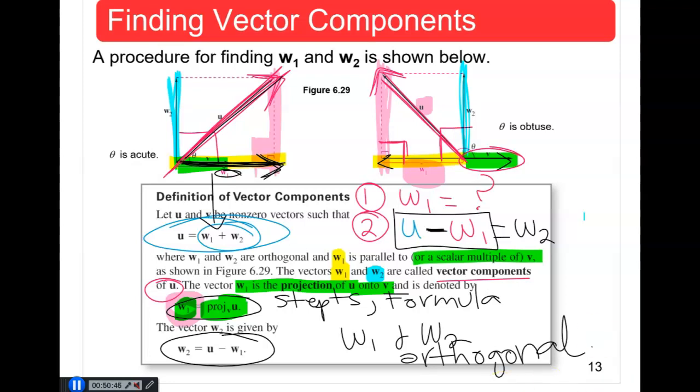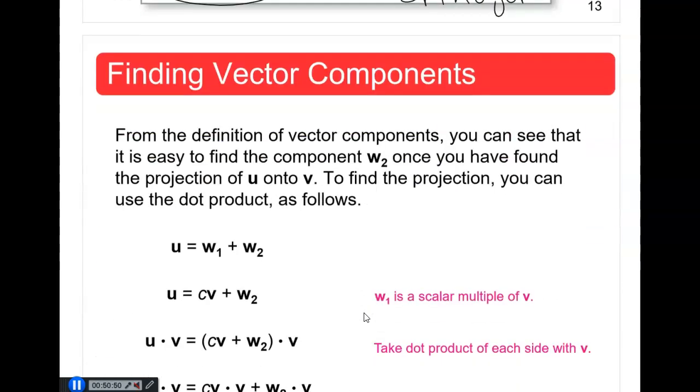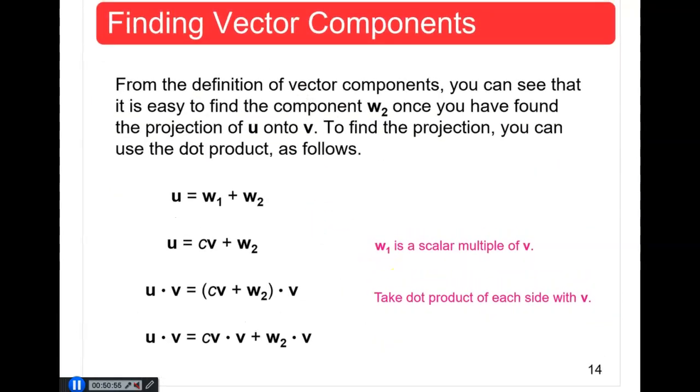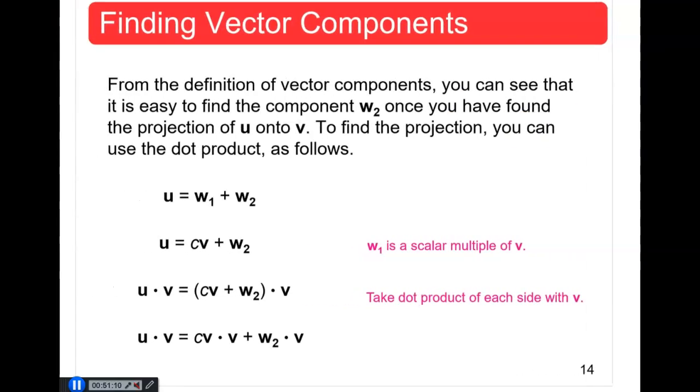So now let's go over step number 1, the steps and the formula. From the definition of vector components, you can see that it is easy to find the component w sub 2 once you have found the projection of u onto v, which is vector w sub 1. To find the projection, you can use the dot product as follows.